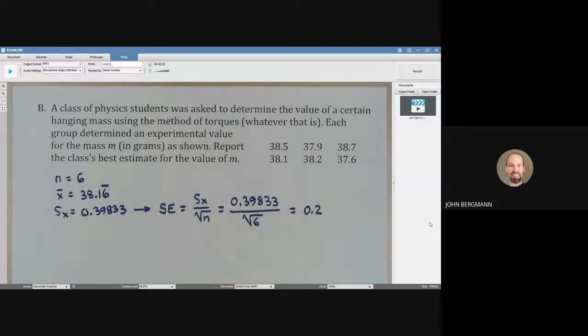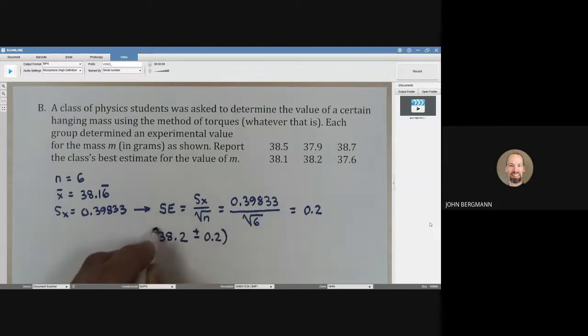We report our answer then as the mean rounded to this decimal place from the standard error, plus or minus the standard error, like this. 38 point, we need to round to the tenths place. So this 0.166666 needs to be rounded to 0.2, plus or minus the standard error.